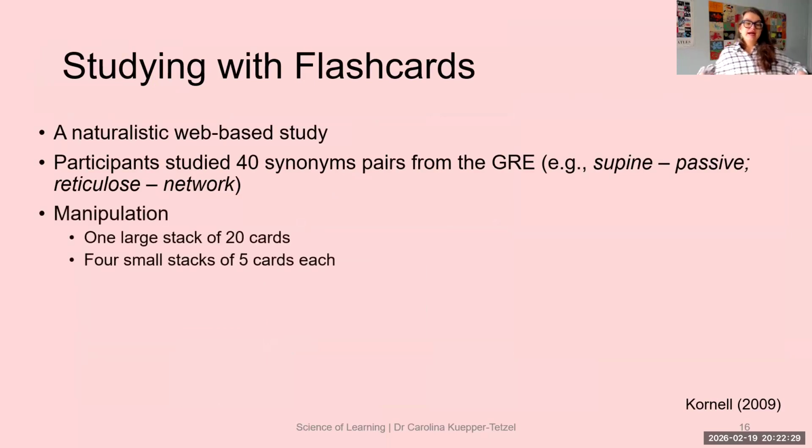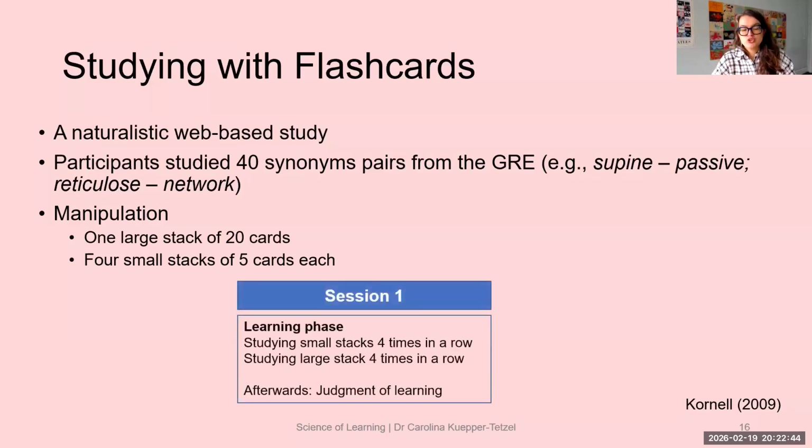And they had 20 of the word pairs in one large stack. And they had 20 other words, but they divided it up in 4 smaller stacks of 5 cards each. In session 1, they studied the small stacks 4 times in a row, each of them. And then the large stack 4 times in a row.